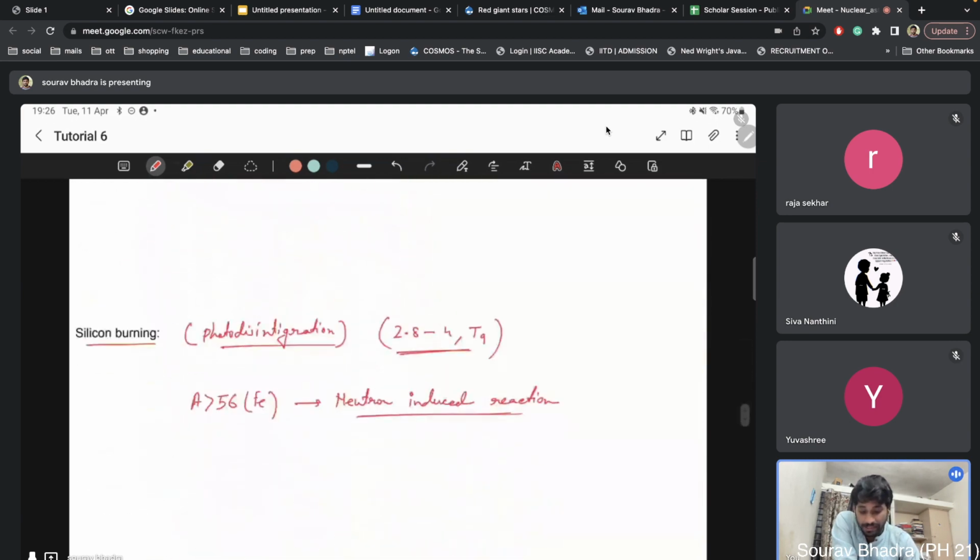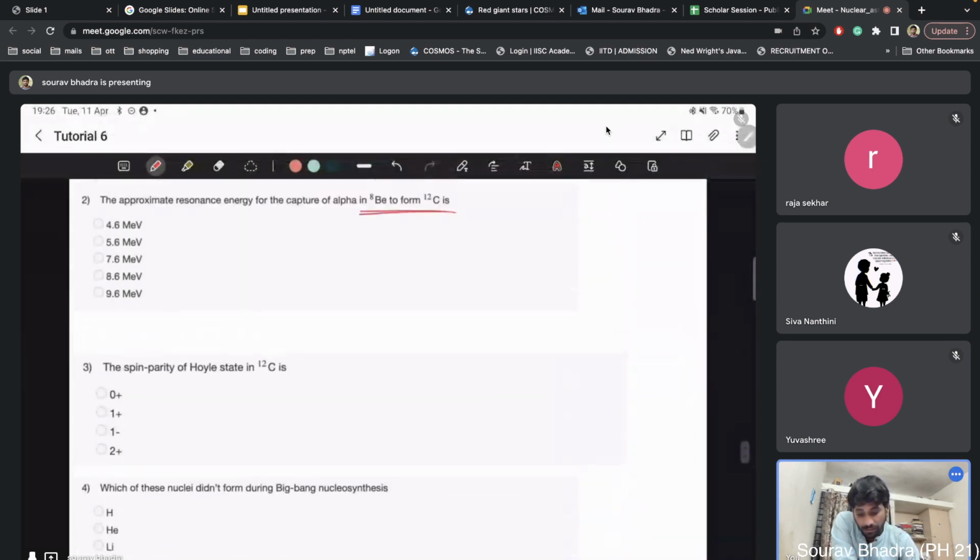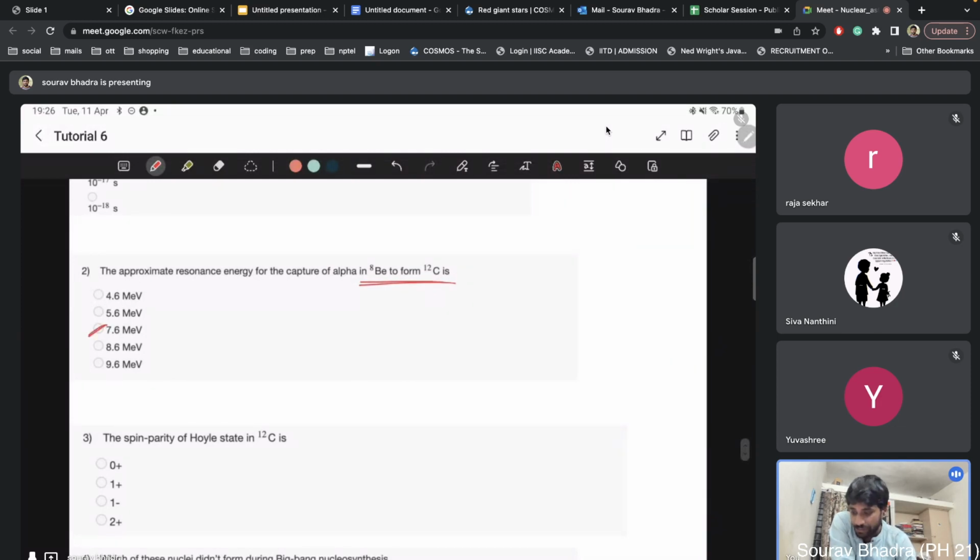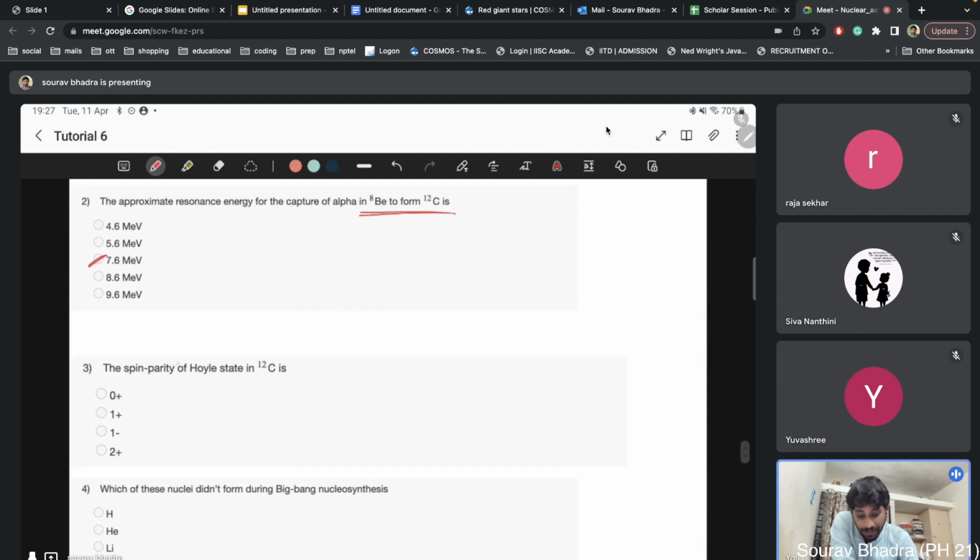So that is the answer; approximately 7.6 MeV, with spin parity 0 plus. That is the Hoyle state which I am talking about again and again. Hoyle discovered that, so it is 0 plus.